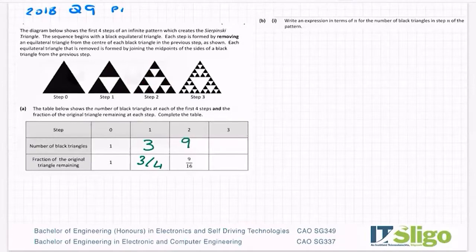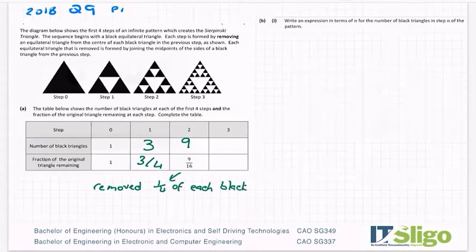Okay, fraction of the original triangle remaining. Well, I removed a quarter of each black one. So I removed a quarter of a quarter, and I did this 3 times.